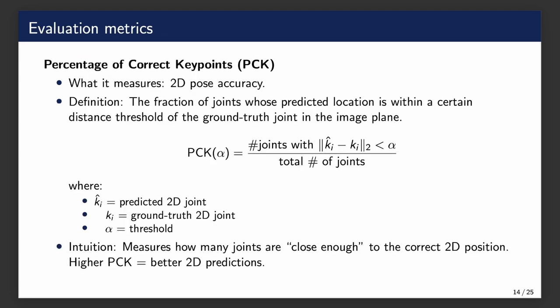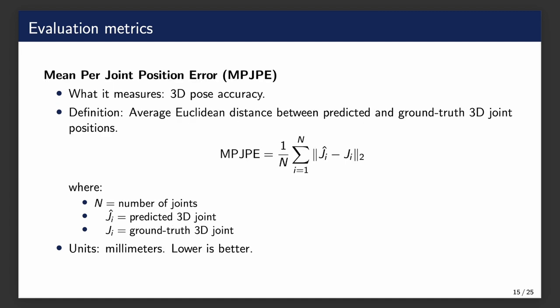The first metric is the percentage of correct key points. This is a 2D pose accuracy metric that measures how many joints are within a certain distance threshold from the ground truth. Higher is better. The mean per joint position error instead is a 3D pose accuracy metric that gives the average Euclidean distance between predicted and ground truth 3D joint positions. In this case, lower is better.